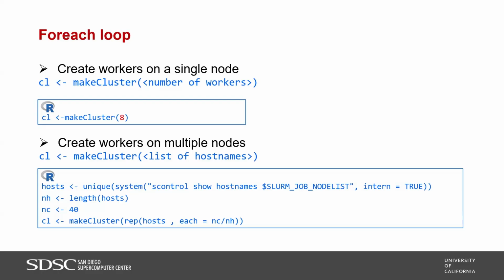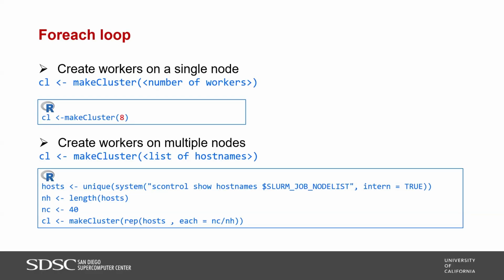So if your cluster is running with Slurm, here is the code using scontrol show hostnames SLURM_JOB_NODELIST to get the list of the host names and then assign it to makeCluster.